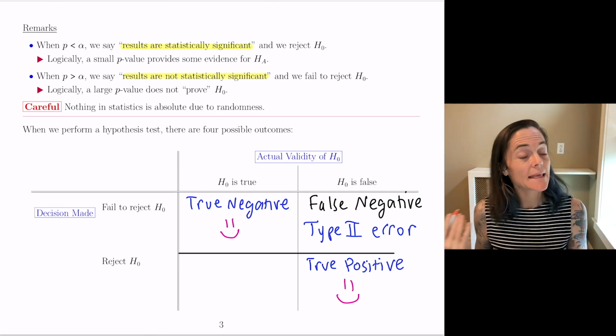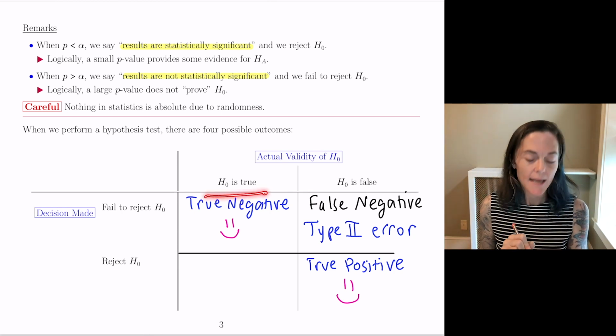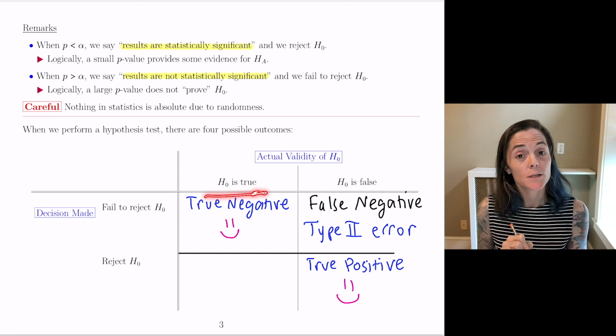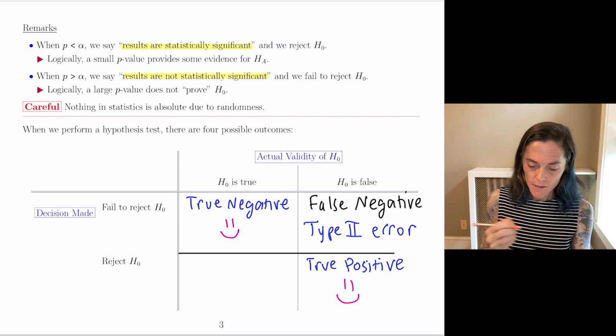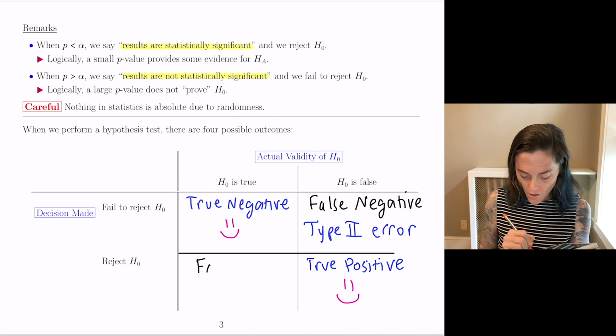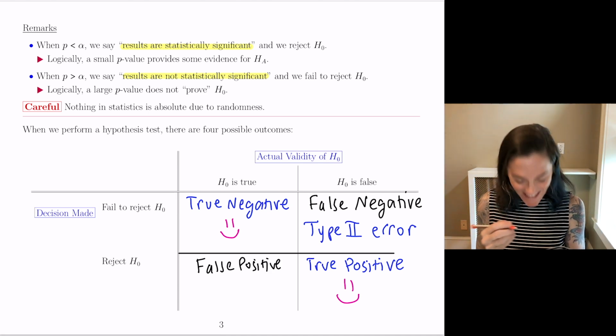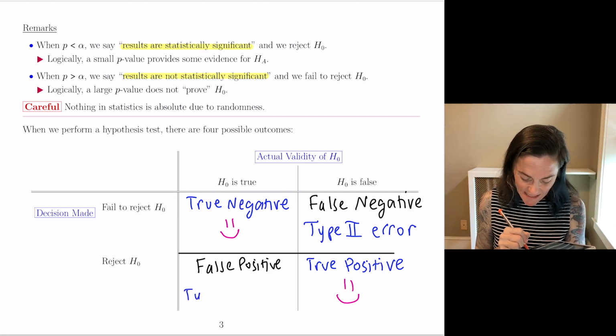On the other hand, the other mistake: perhaps H0, the null hypothesis, is true, and yet we have rejected. We can think of this as a false positive, but in the language of statistics, this is called a type 1 error.